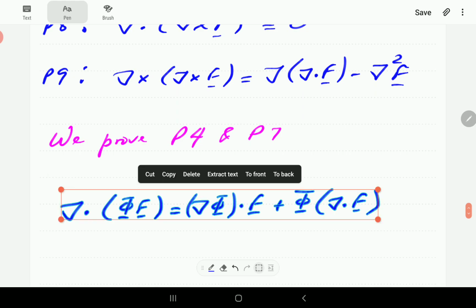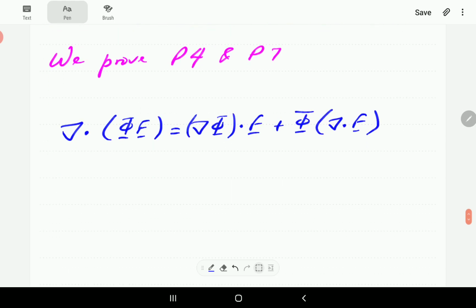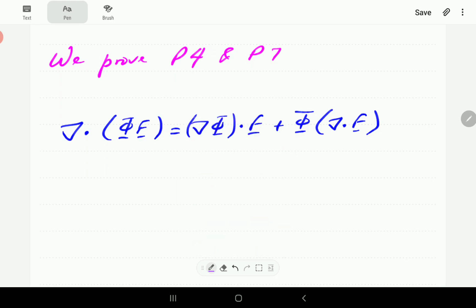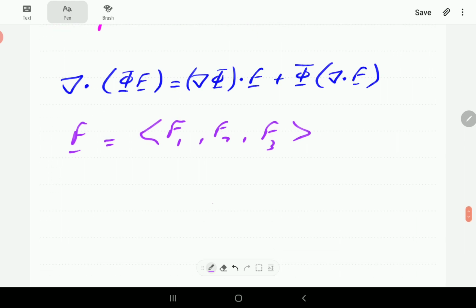And then the left hand side is the divergence of phi times f. Now, remember f is equal to f1, f2, f3. So these are scalar functions.